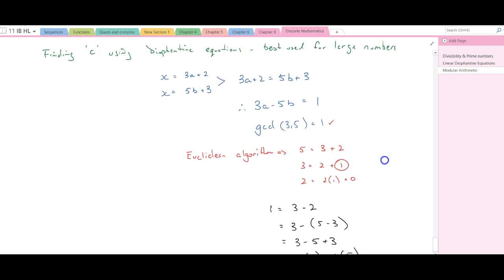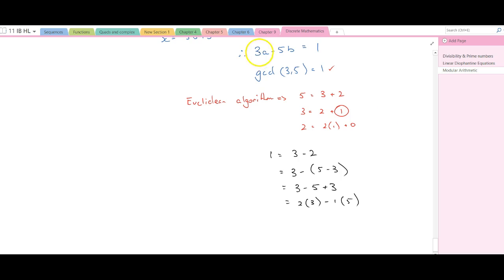Actually, it's 3a, so we've got 2 lots of 3 and I've got 1 lot of 5. So in that way, a is equal to 2 and b is equal to 1.